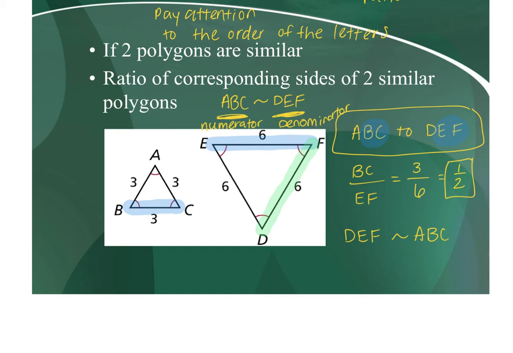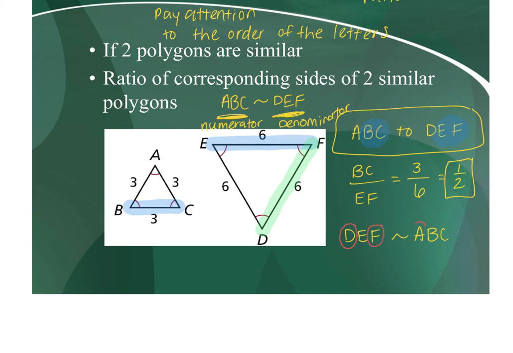So DF is the side that we picked from the second triangle. What's the corresponding side in ABC? AB. Nope. AC. Why, Samantha? Because they're both the first one and the last.